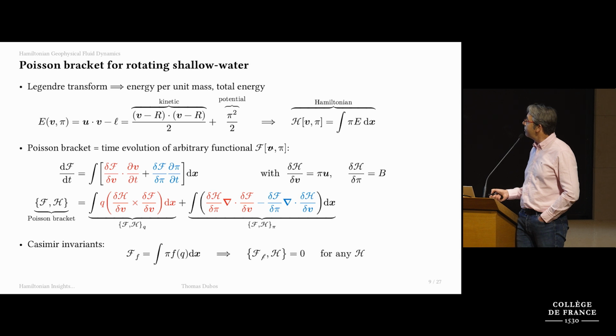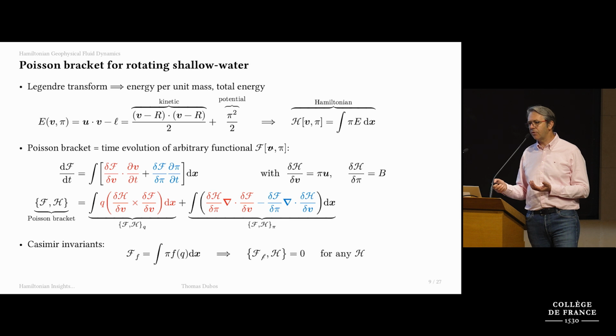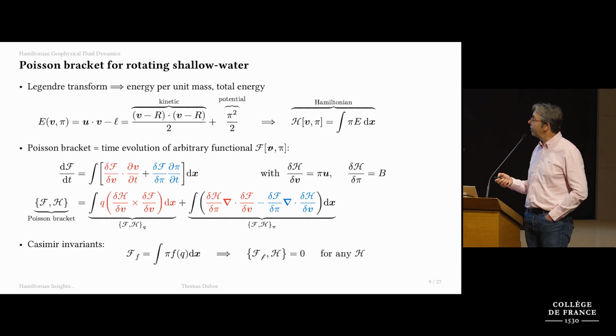So you inject this knowledge, and you obtain this kind of expression, which has the fundamental property of being antisymmetric in F and H. So this antisymmetry leads to the conservation of energy when the Hamiltonian is time independent, which is one of the main reasons why it's considered.